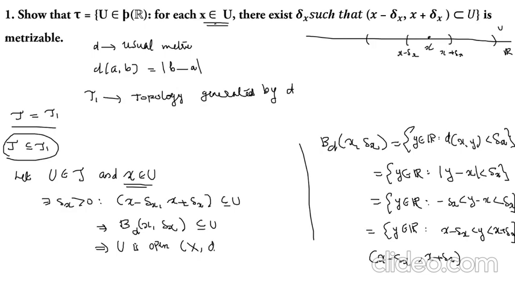U is open with respect to the metric, and we know that tau 1 is the topology induced by d. That means tau 1 consists of all those sets which are open with respect to the metric. Here U is open with respect to the metric d, so we get U belongs to tau 1. Thus we can say that tau is a subset of tau 1. Equation number 1.